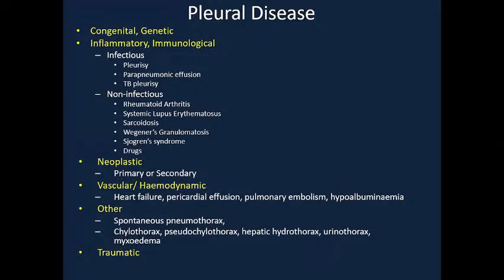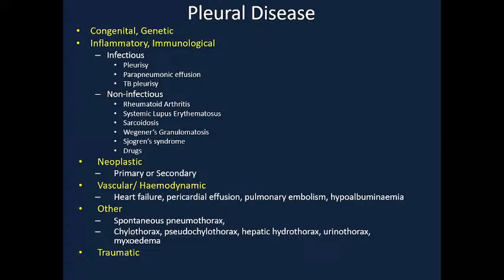And one important cause of pleural disease that is missing here is hemothorax. Pneumothorax is also an important cause of pleural disease.